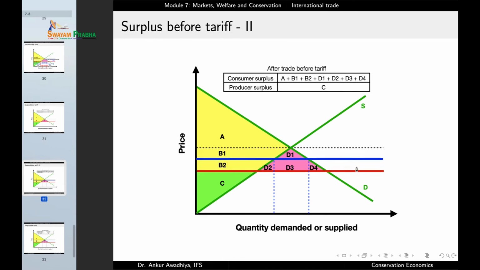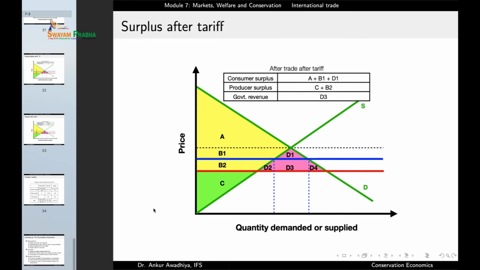So we are not making any changes, but we are just saying that in place of writing D, the consumer surplus is now D1 plus D2 plus D3 plus D4, and in place of writing B, we are now writing it as B1 and B2. So the consumer surplus remains the same. It is A plus B1 plus B2 plus D1 plus D2 plus D3 plus D4, and the producer surplus is C. So this is the situation before the tariff.